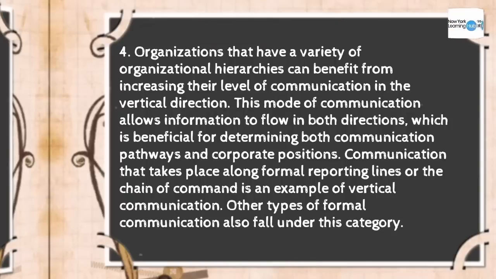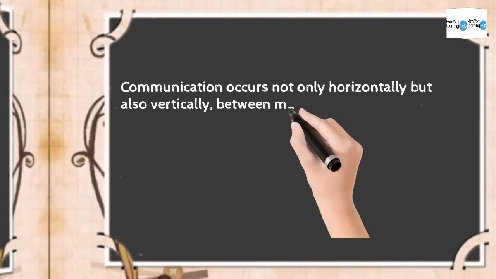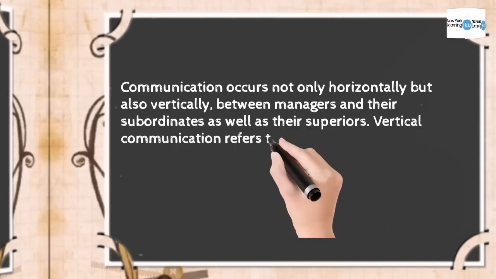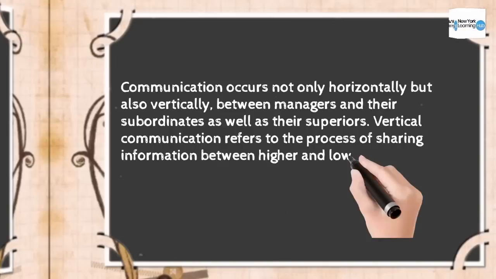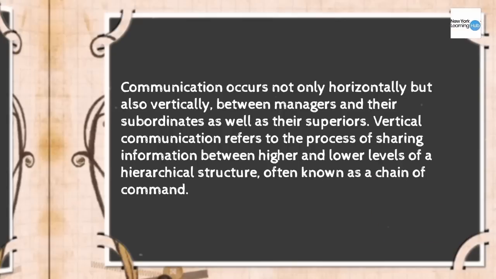Other types of formal communication also fall under this category. Communication occurs not only horizontally but also vertically between managers and their subordinates as well as their superiors. Vertical communication refers to the process of sharing information between higher and lower levels of a hierarchical structure, often known as a chain of command.